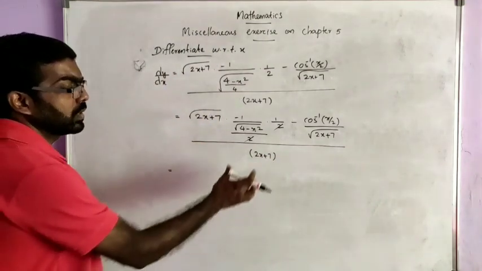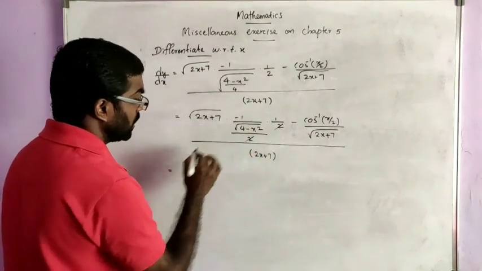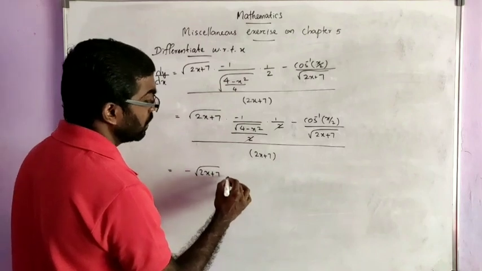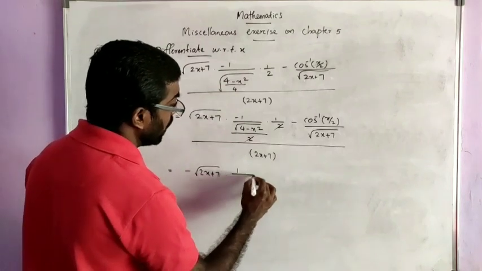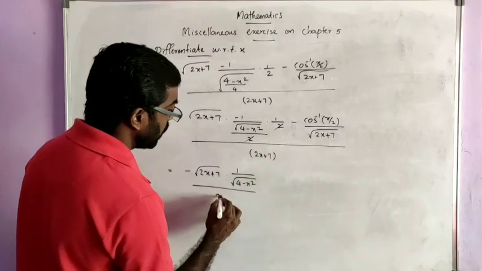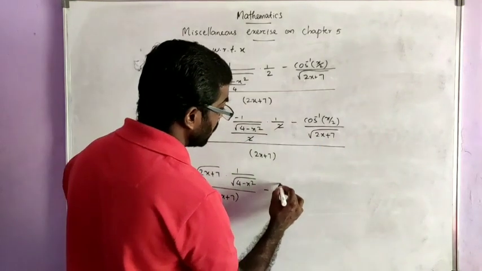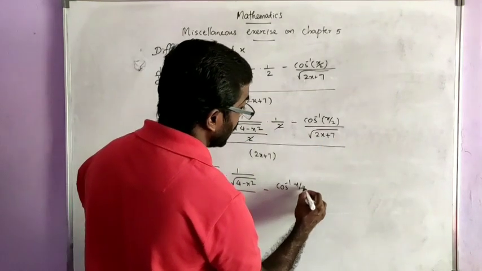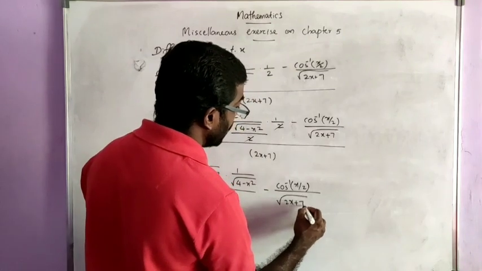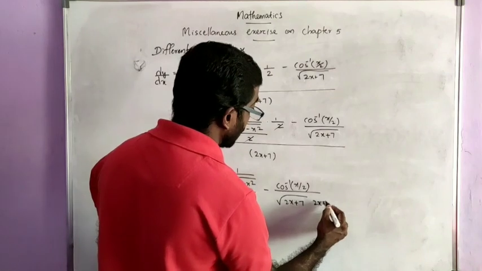Okay, now we can split this denominator, that is this minus I write first, minus of root 2x plus 7 into 1 by root of 4 minus x square whole divided by 2x plus 7. Here also minus cos inverse x by 2 divided by root 2x plus 7, then divided by 2x plus 7.